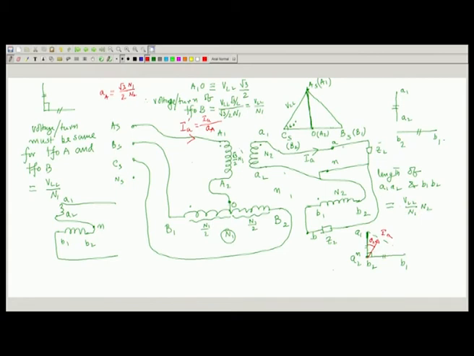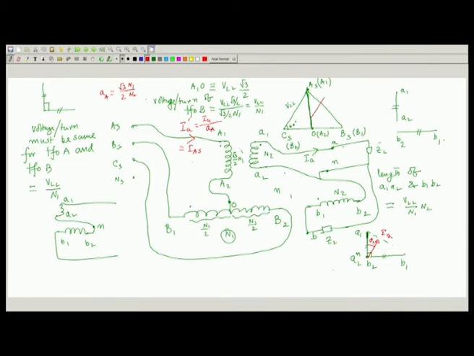So, this is I A and this is I A dashed, which happens to be the line current of phase A on the primary side. So, the primary current will also be in phase with this, that is what we have learned. So, primary side current, if I show, it will be in the same phase.